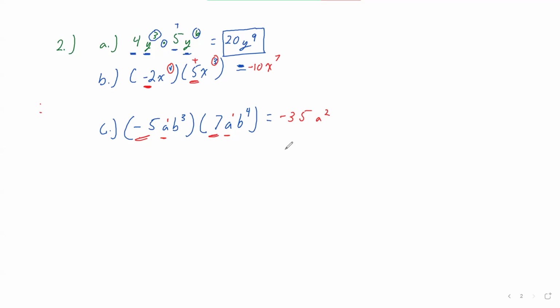Good catch, because it's not AB together. That 3 is still only attached to the B, and this 4 is only attached to that B. So when I'm looking at A and A, that's A squared, and then B to the 3 and the 4, you would add those. Absolutely.